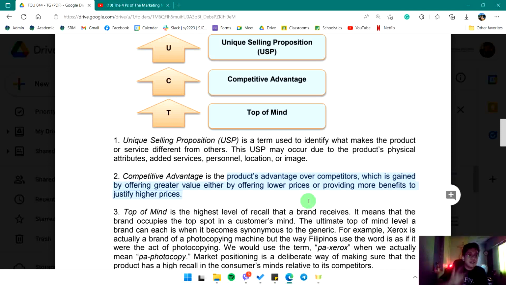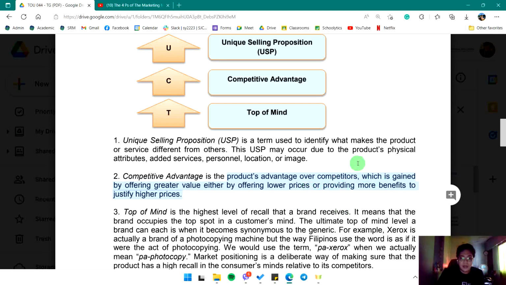Kaya doon siya ngayon mas bibili compared doon sa other competitors na meron kayo. Kasi nga, you offered a greater value by offering lower prices. So yun po yung competitive advantage natin. Ang ginagawa natin sa utak ng ating mga market or consumers na dito kayo bumili sa establishment namin kasi mas mura to compared with other competitors.